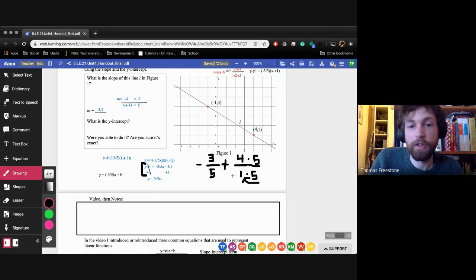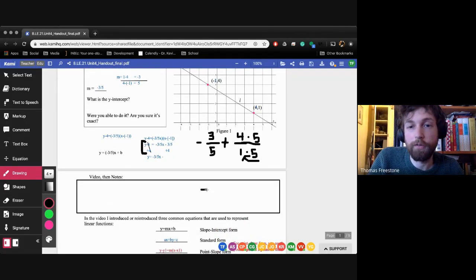So this is now negative 3/5 plus 20 over 5. And so can someone tell me what this new value is? If I take negative 3/5 plus 20 over 5, what's that going to become?